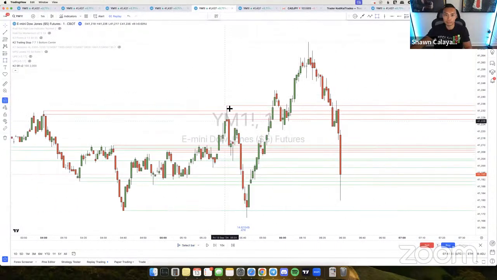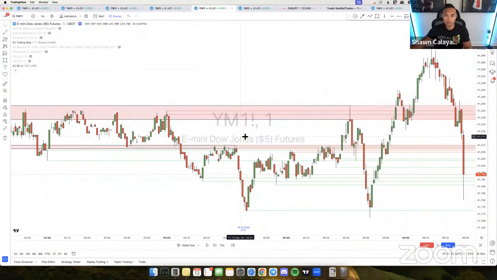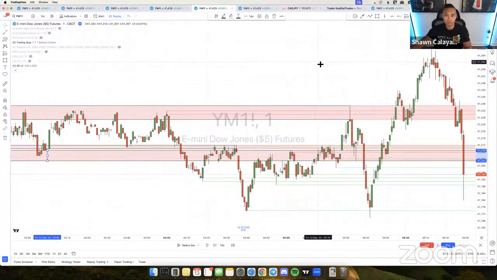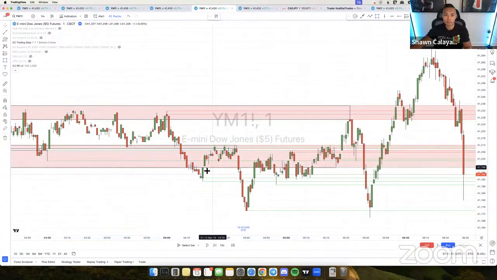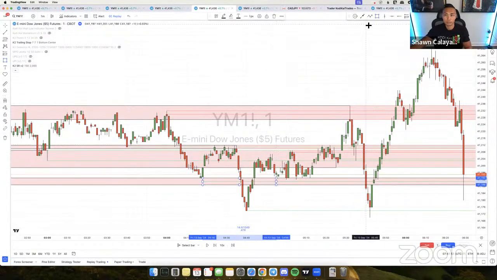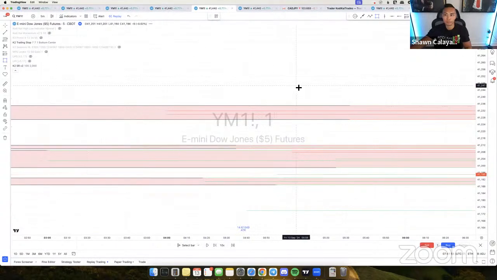Kind of curious to see how the zones played out for today. So I'll just rewind time to the open so that I can mark up these zones, up to the 5 minute.